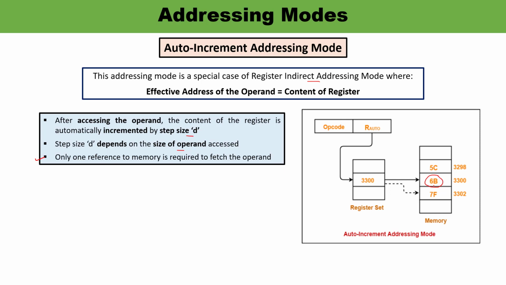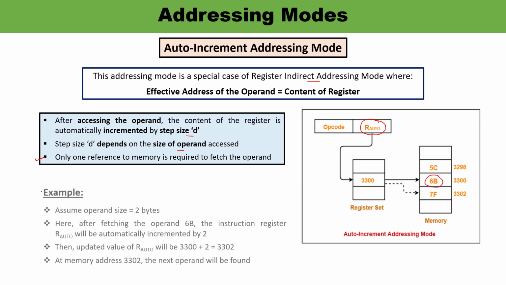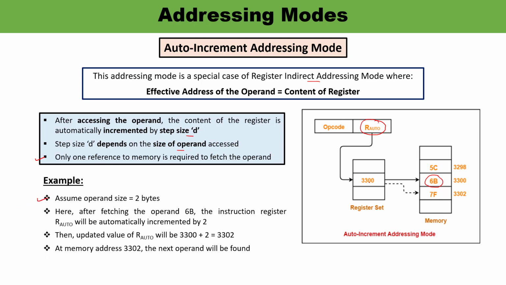After fetching the operand 6B, the register R auto will be automatically incremented by 2. Why 2? Because 2 is the operand size.